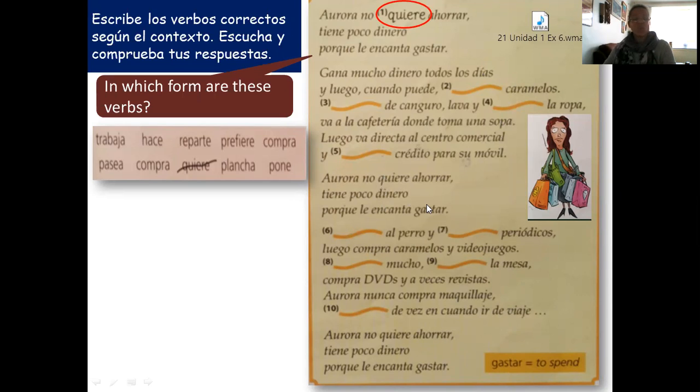This is the lyrics to a song. As you listen to the song, you're gonna be marking your work, okay? And you're gonna check your answers. So pause the video, write numbers from 1 to 10. The first one has been done for you. Read the text, write the verb that goes into that text.